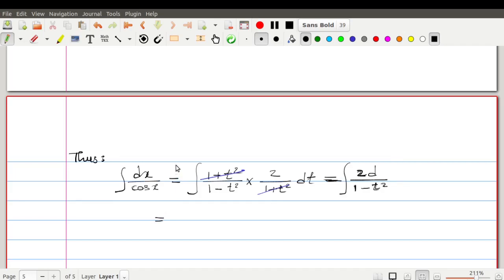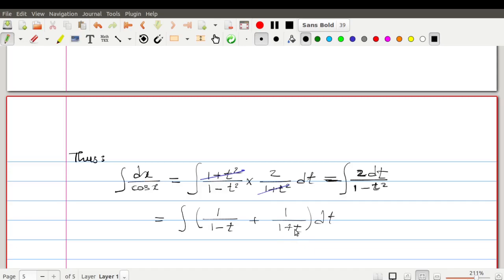If you use partial fraction, it will be 1/2, 1/2, and then with the 2 we multiply, so we finally get the integral of 1 by 1 minus t plus 1 by 1 plus t dt, right? So if we cross multiply, it will give us exactly that.